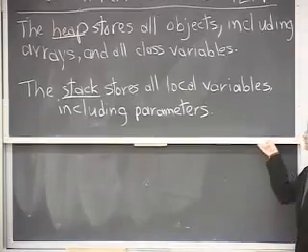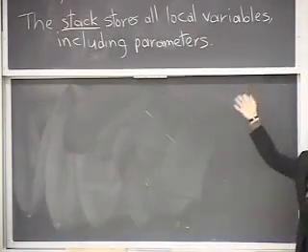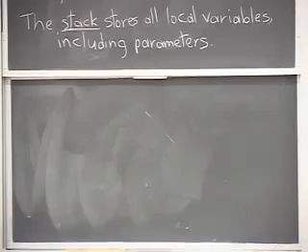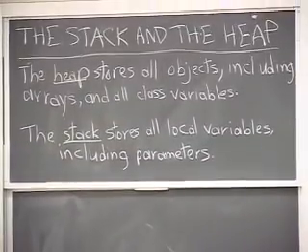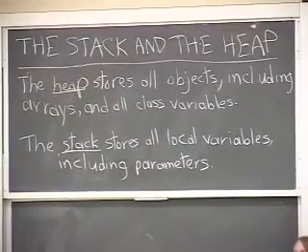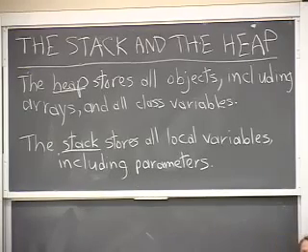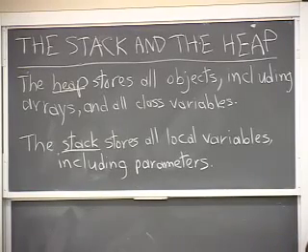And the stack is what makes it possible for one method to call another method, and the stack is what makes recursion possible. So we're going to talk about how your variables are stored when you do things like recursion.